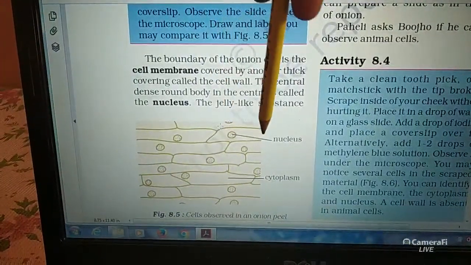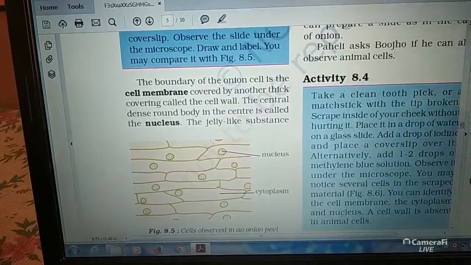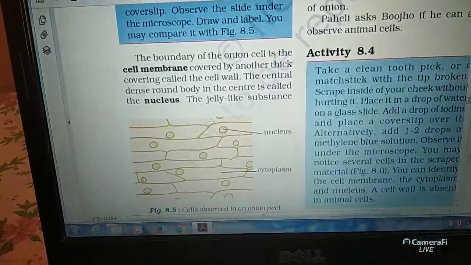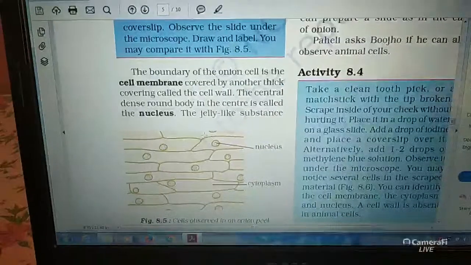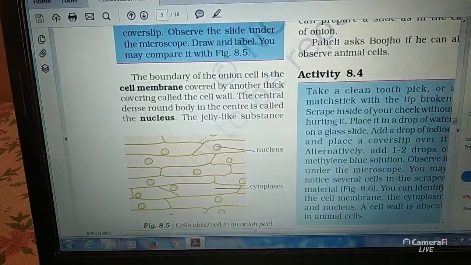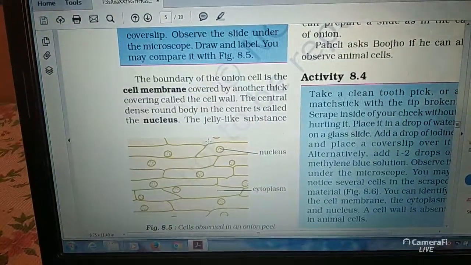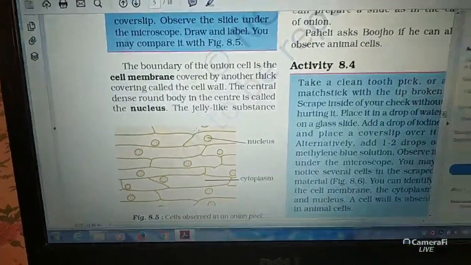Here you can see the boundary wall. Just compare it with the wall of your classroom. One wall of your classroom helps to separate it from the other classes and gives the structure of the class. Same thing is here also.